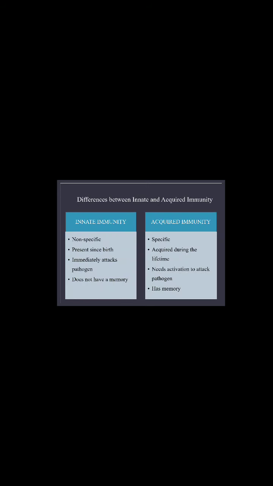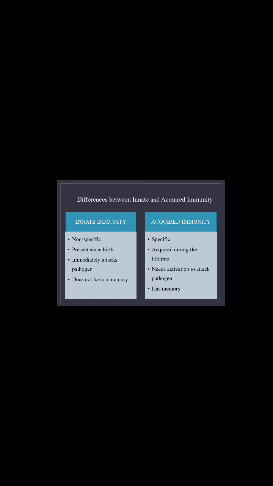Now, what is the difference? Innate immunity is non-specific, which means it will work in the same manner whatever pathogen occurs, like monocytes and neutrophils. They will kill the pathogens or any foreign particles, but acquired immunity is specific. It will make different types of antibodies for different antigens.